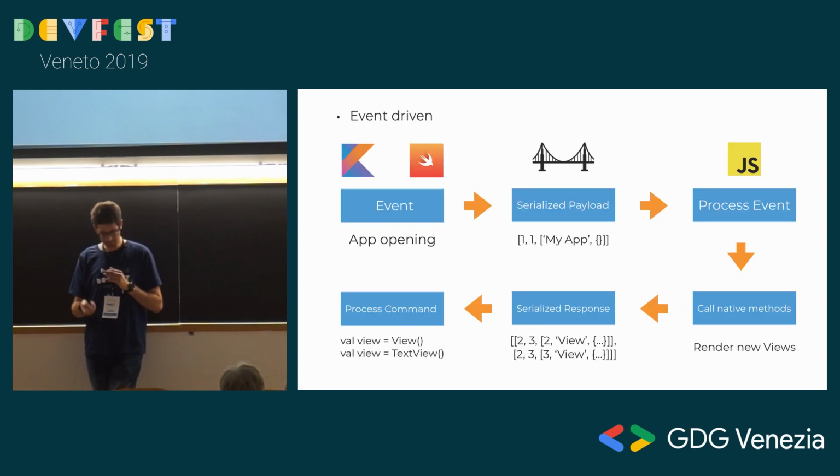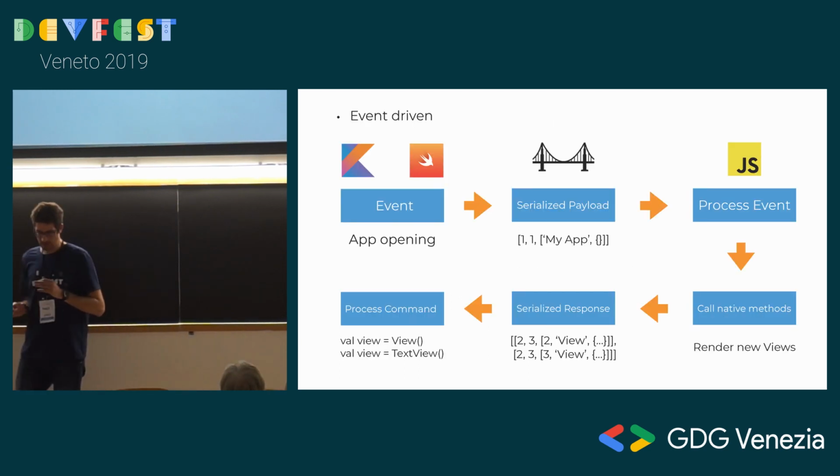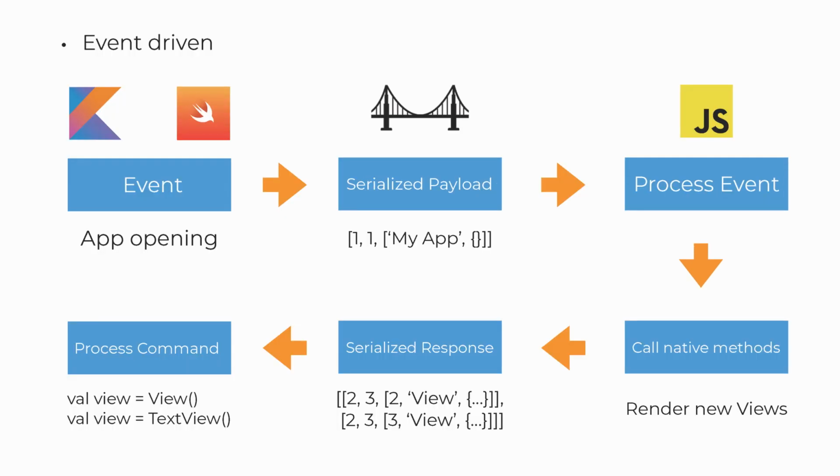So, for example, when our application is opened, the native part communicates the app opening to the bridge that serializes the information. So it generates a JSON and passes this JSON to the JavaScript part that processes the events.